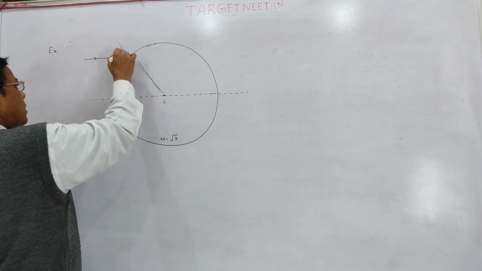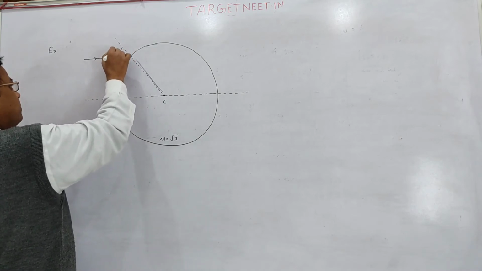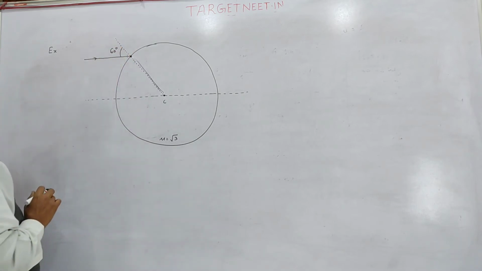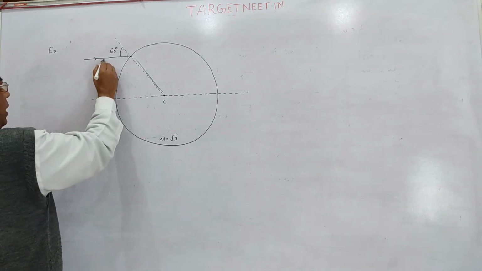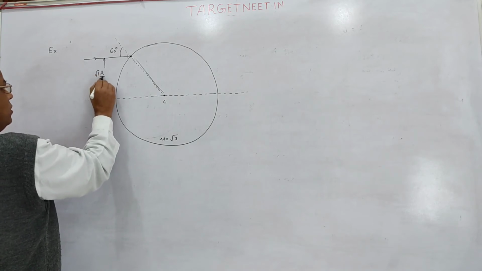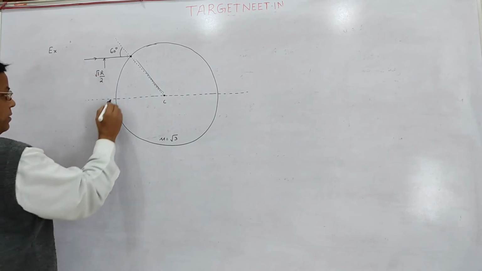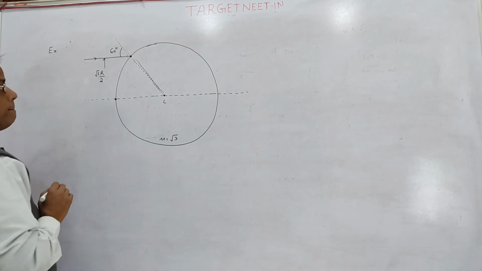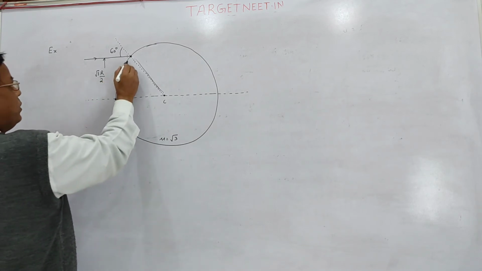It is given that the angle of incidence is 60 degree, and this height is also given. It is root 3 R by 2, R is the radius of the sphere. Let this be point A.